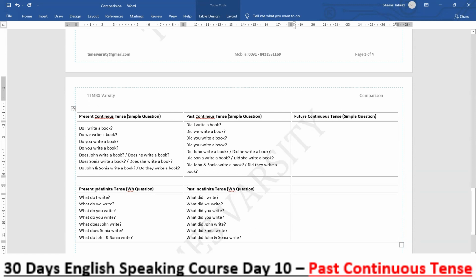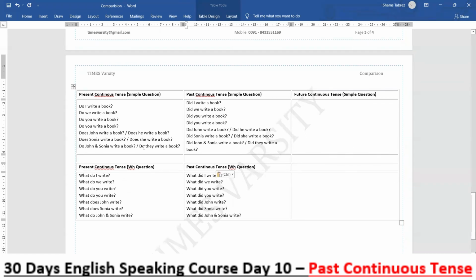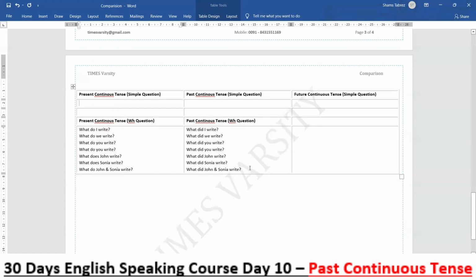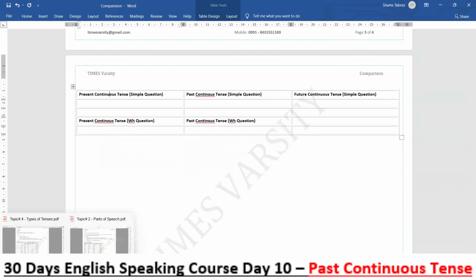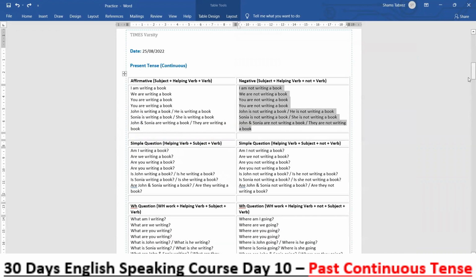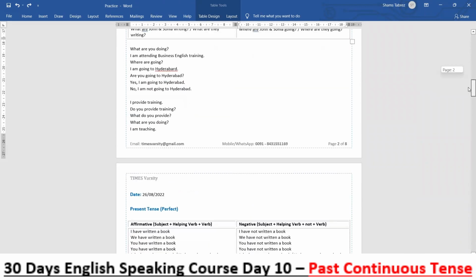Okay, and here also present continuous WH question, past continuous WH question. Okay, let's put sentences for comparison. Present continuous simple question.